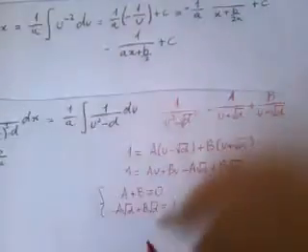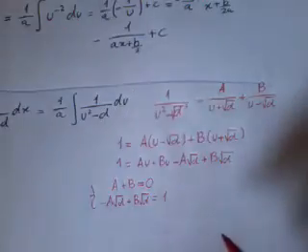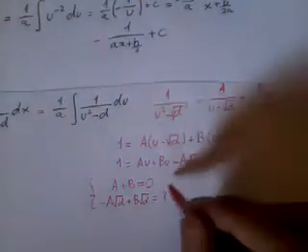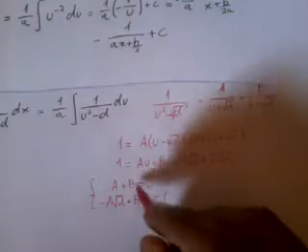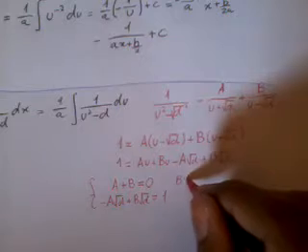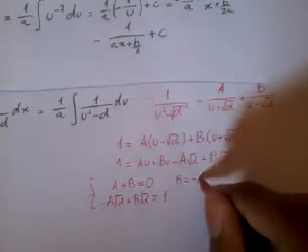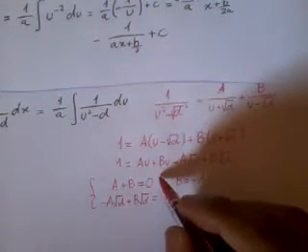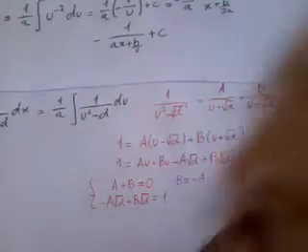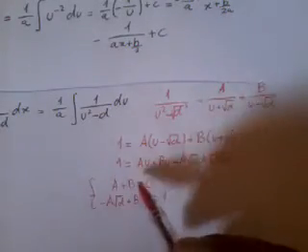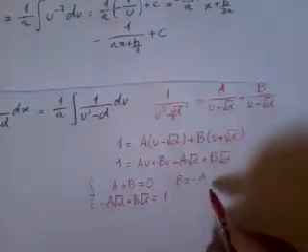And this is our system of equations to solve. We just rewrite this term. B is equal to minus a, because if you want to subtract a on both sides, you get this.